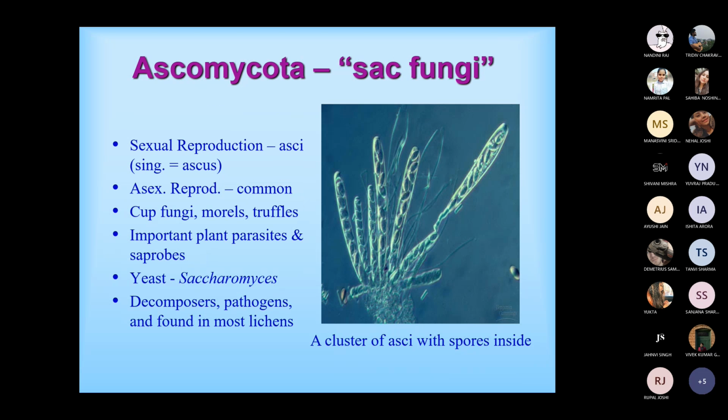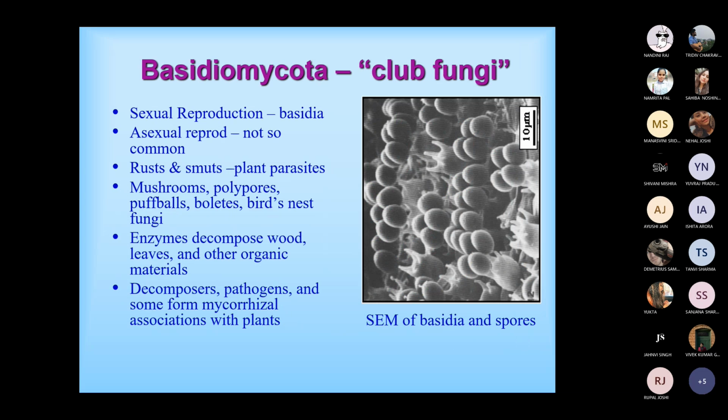We have Ascomycota, which are also called sac fungi, because their fruiting body, the ascus, is a sac-like structure. That is why they are called sac fungi. They are again decomposers, pathogens, and they are found in most lichens also. Then we have the club fungi, which are called Basidiomycota.